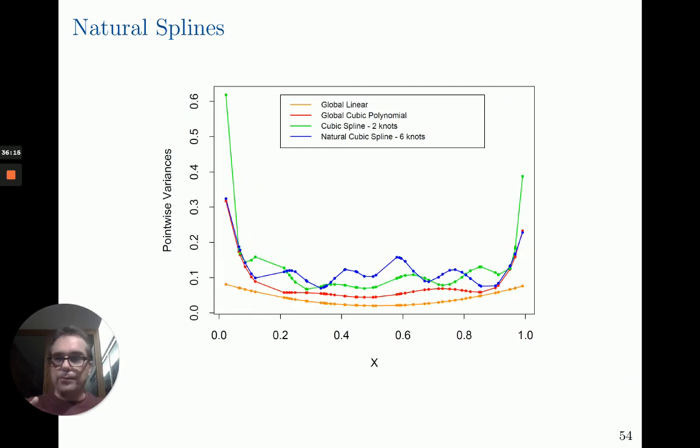So if you have just a global linear model, that's the pointwise variance you get over X. If you go to cubic polynomials or cubic splines, the variance goes up, but with a natural spline you keep the variance at the boundaries much lower than a cubic spline.